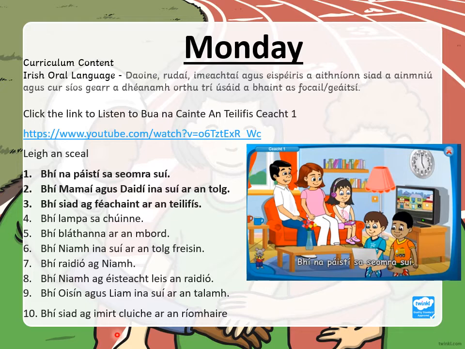Repeat after me. Senior infants, you only have to try and say the first three. First class, I want you to try and practice reading the whole story. Now I know it might seem like a lot, but believe it or not, you've actually done all of these words and phrases already over the past 2 months. Okay.